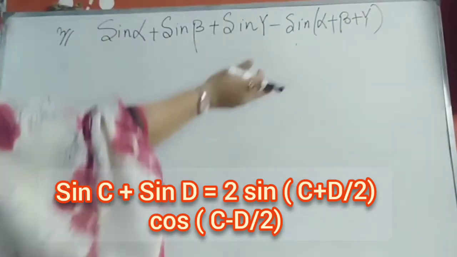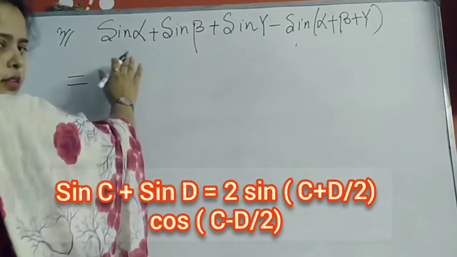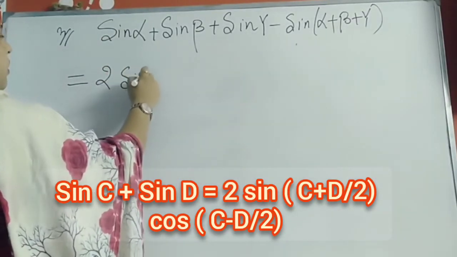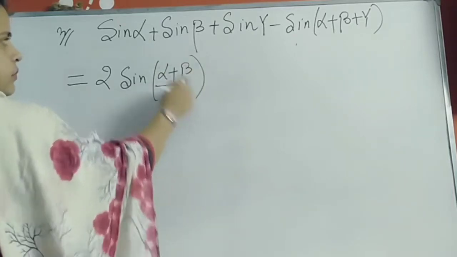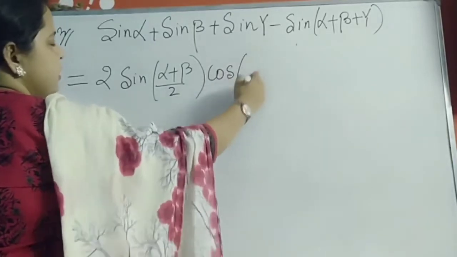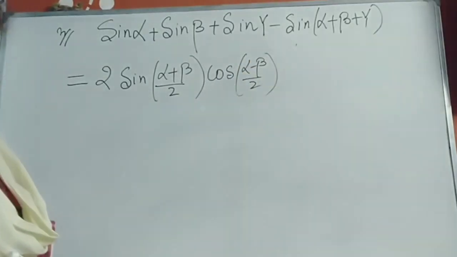So you must write down the formulas always. So I am here writing the formula, that is 2 sin alpha plus beta by 2, cos of alpha minus beta by 2.